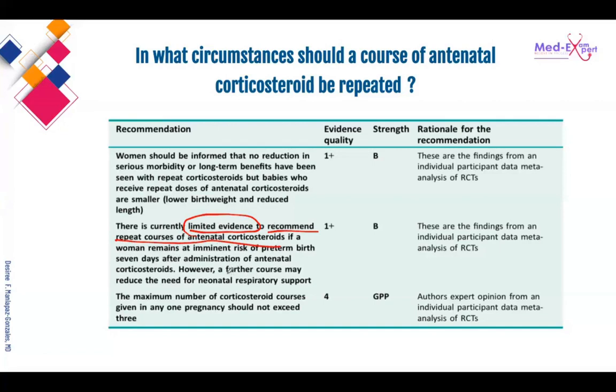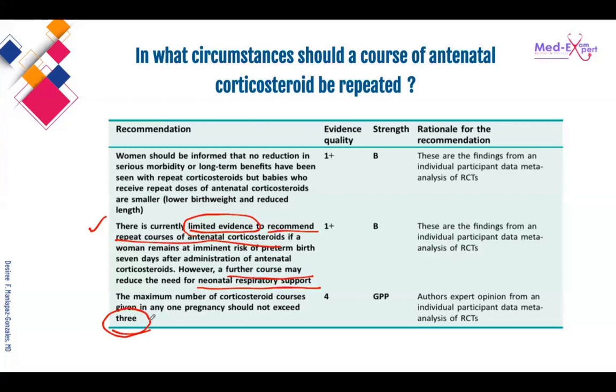However, you can give a further course in order to reduce the need for neonatal respiratory support. Okay, so the guideline says that there is no additional benefit, but it can prevent neonatal admission in terms of having neonatal support. Okay, and in case you repeat a course of the steroid, it should not exceed 3 courses.